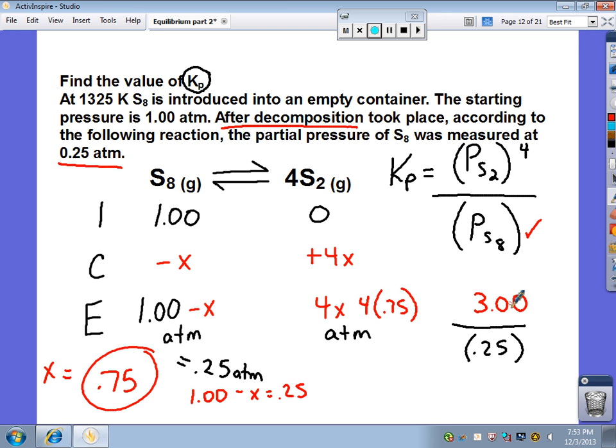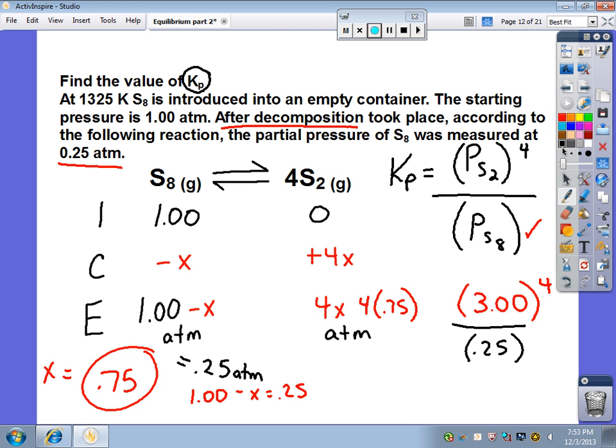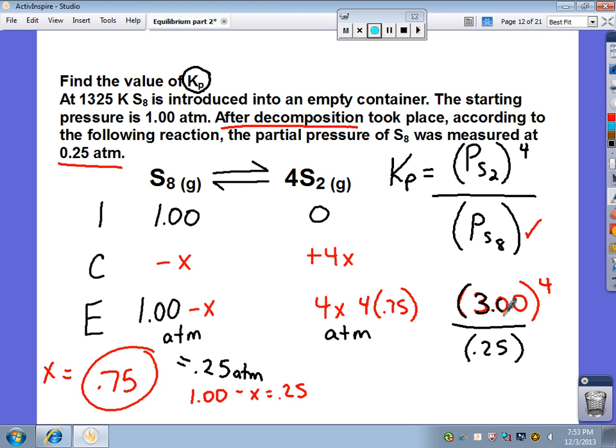Now, what do I need to do with that? I need to take that to the 4th power. Okay, and I don't mean to confuse you by putting that in a different color. If you take 3 to the 4th and divide it by 0.25, you come up with 3.2 times 10 to the 2nd.